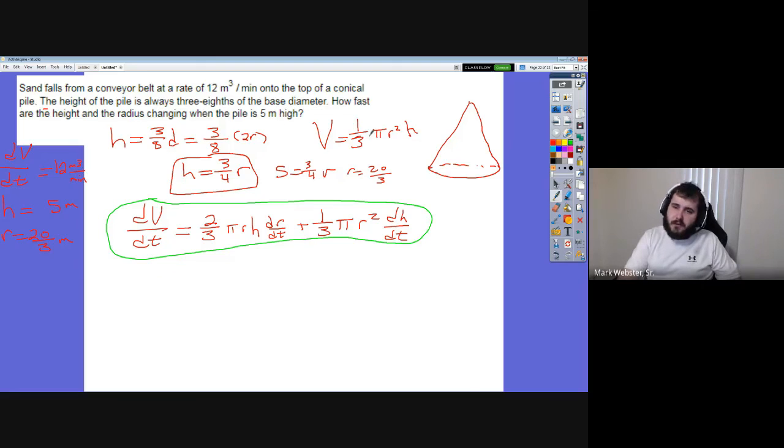So let me do this. Let me rewrite the volume so that I only have one variable. How do I do that? Well, I know that h is the same as 3 over 4r. So what if I took h and replaced it with 3 over 4r? Can't I do that?